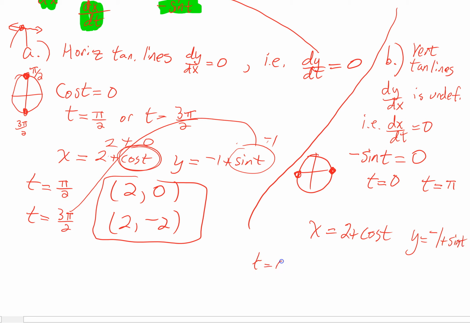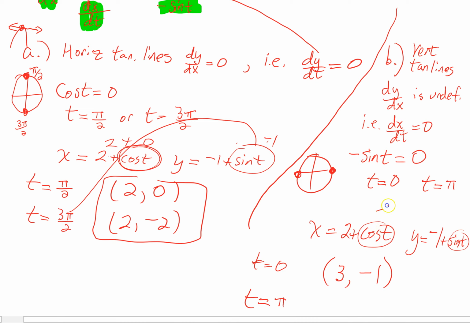We'd say, well, at t equals 0, cosine of 0 is 1. And 2 plus 1 is going to get you a 3. What about the sine of 0? Well, the sine of 0 is 0. 0 plus -1, you get -1. t equals pi. Well, here we go again.